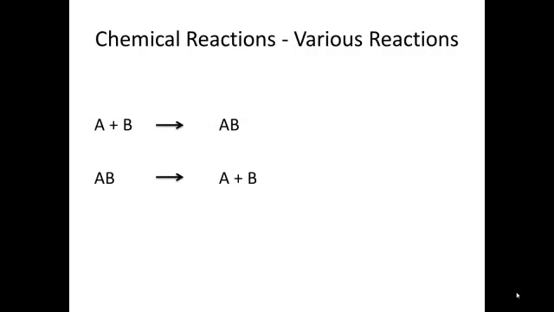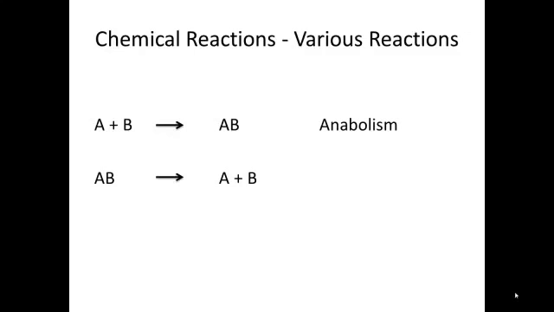Say, for example, we have molecule A or atom A combining with atom B. Now that's probably pretty abstract. Let's talk about hydrogen gas being combined, and we'll call that A, and have B be oxygen gas. If we combine those to make water, that would be considered anabolism, okay?